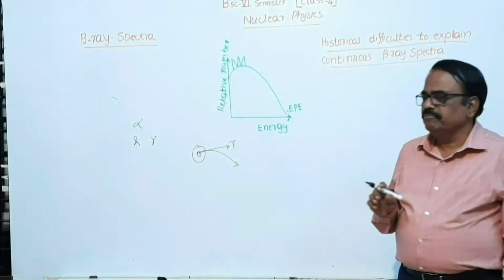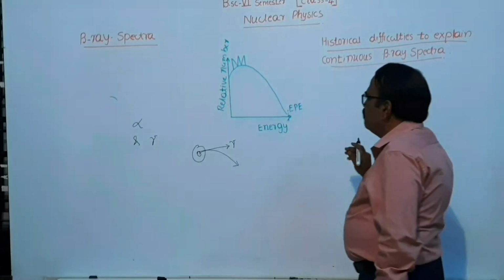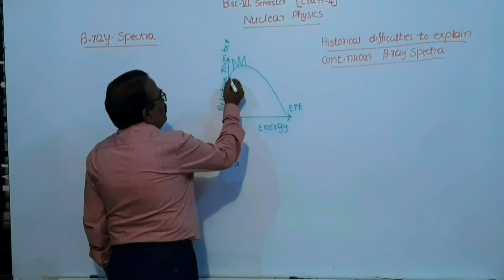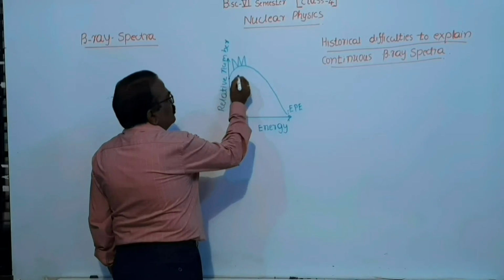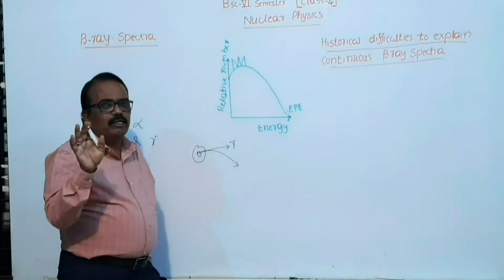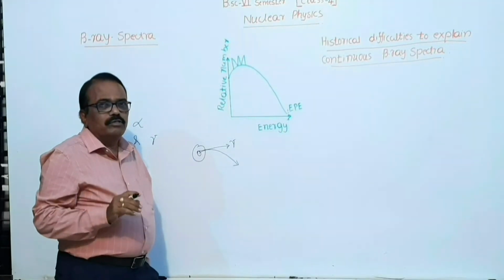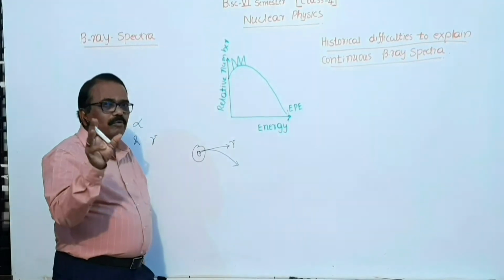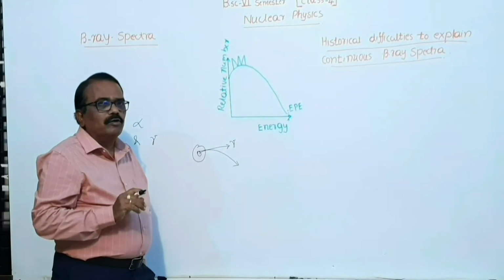But the beta particle takes any value of energy between 0 and maximum. The energy emitted by the beta particle is not definite as required by the energy difference between the parent and daughter nuclei.